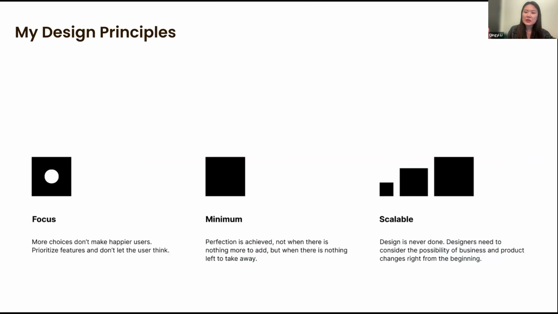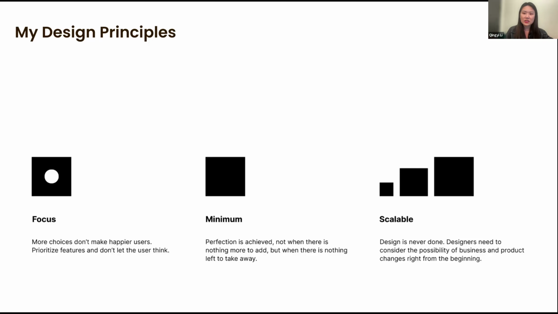Every design system is built on key principles, and I have a few that guide my work. Those are focus, minimum, and scalable. Focus means prioritizing the most important problem and not getting sidetracked. Simplicity and minimum is about keeping things like an MVP.